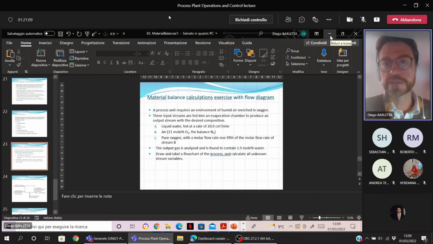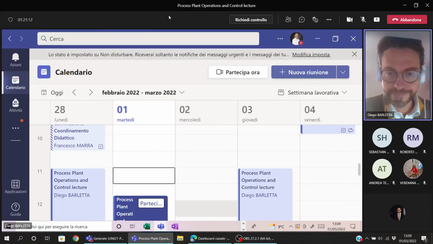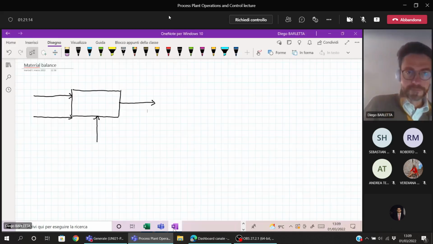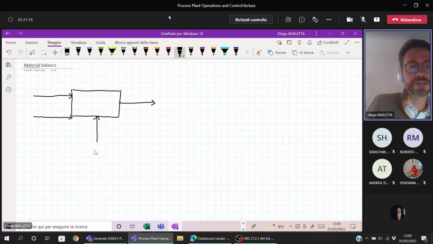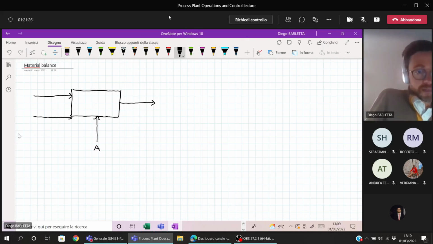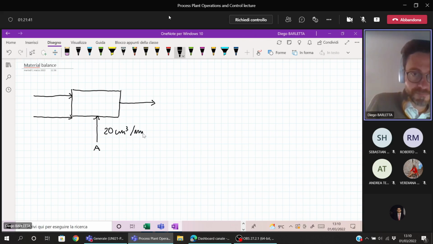So let's report first what we know. For water, this is A, just for remembering. So we have water entering here. This is 20 cubic centimeters per minute of water.